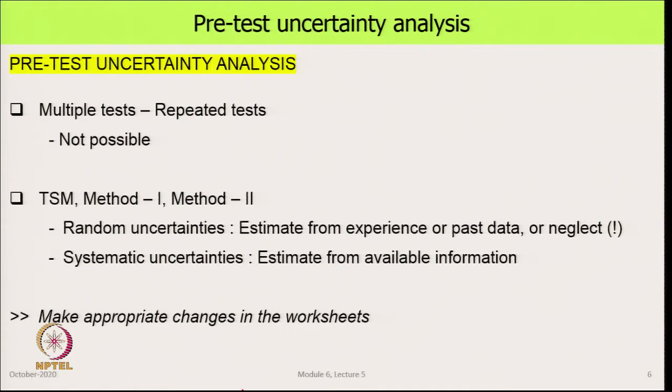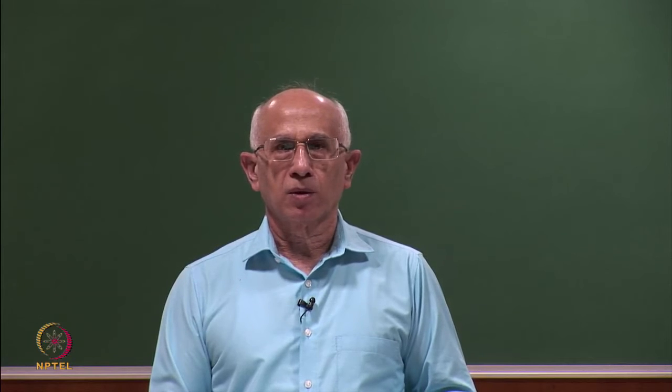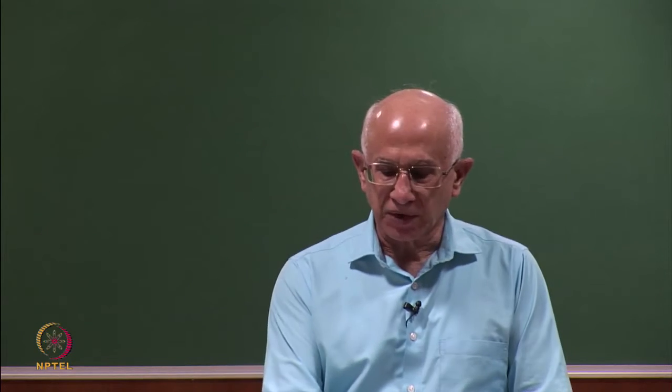Now, we did the post-test uncertainty analysis, and everything we did was fully applicable for the post-test scenario. The question now is, which part of that I will have to skip or miss or modify to do the pre-test uncertainty analysis.